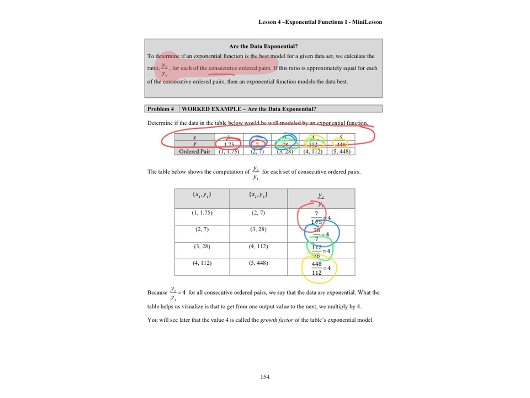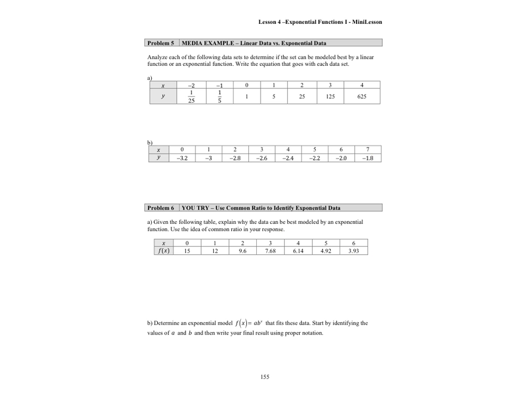So because they got 4 for all of them, they can call this an exponential function. And the multiplicative growth factor is 4. So you can find that number they're multiplying by by dividing your y by the previous y.